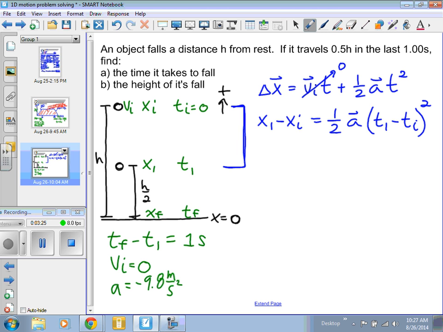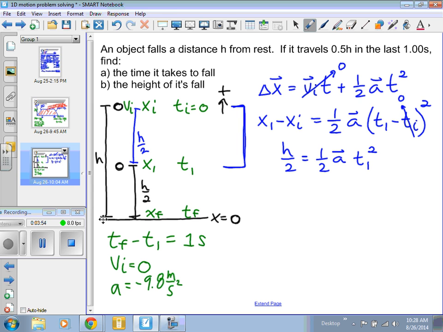I do know that t initial is 0. And I know that x1 minus xi is h over 2, because if the bottom part is h over 2 and the whole thing is h, then this part must be h over 2 as well. So I can write h over 2 is equal to 1/2 times our acceleration times t1 squared.